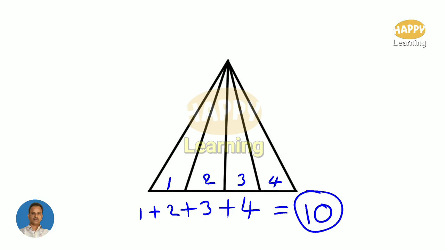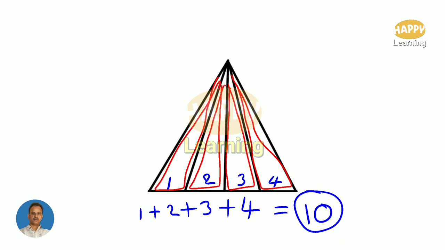Where are those 10? Let me show you those 10 triangles. So here you got one triangle here, this is the second one, this is the third one, this is the fourth one. Then here you got the fifth one, here the sixth one, here the seventh one.